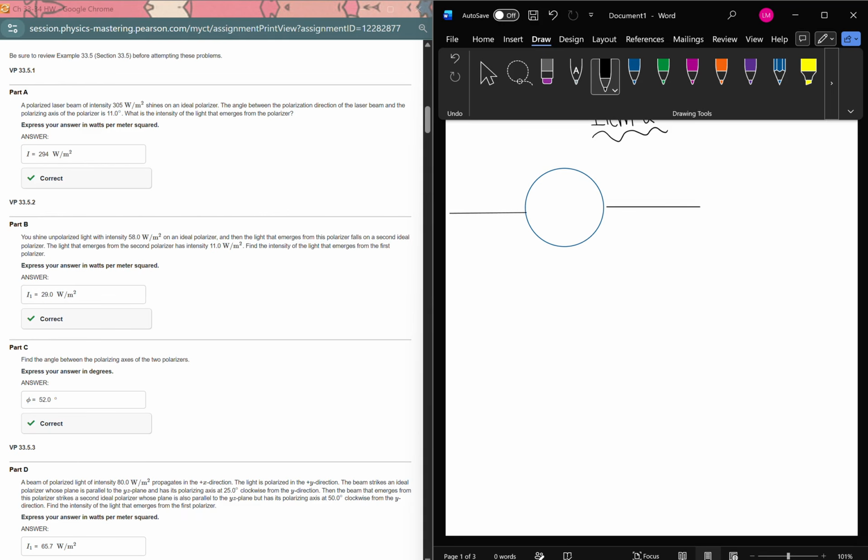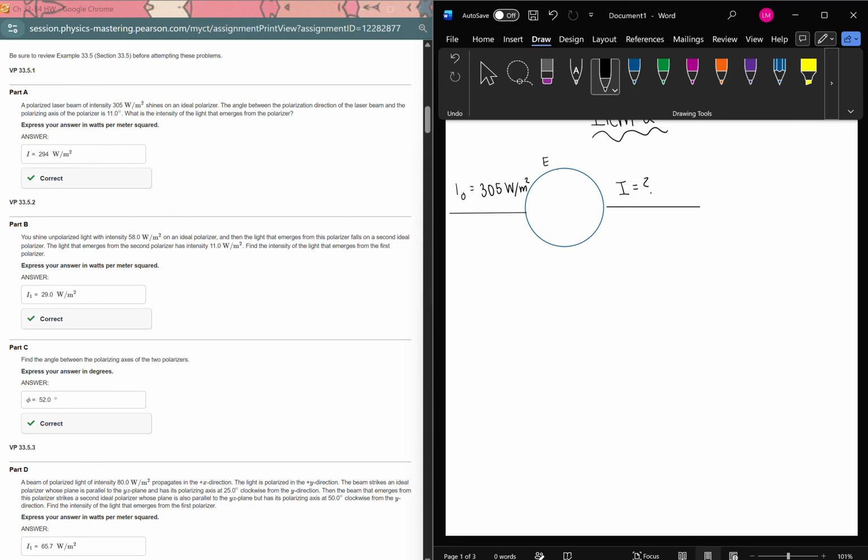Okay, so this is gonna be the polarized laser beam of intensity 305 watts per meter squared. And then on the other side, it's going to be what we are trying to find, the intensity of the light. This is E, which is the input polarization.